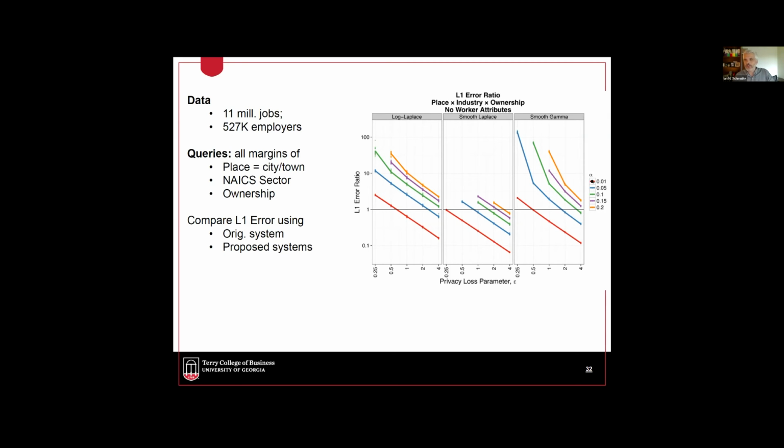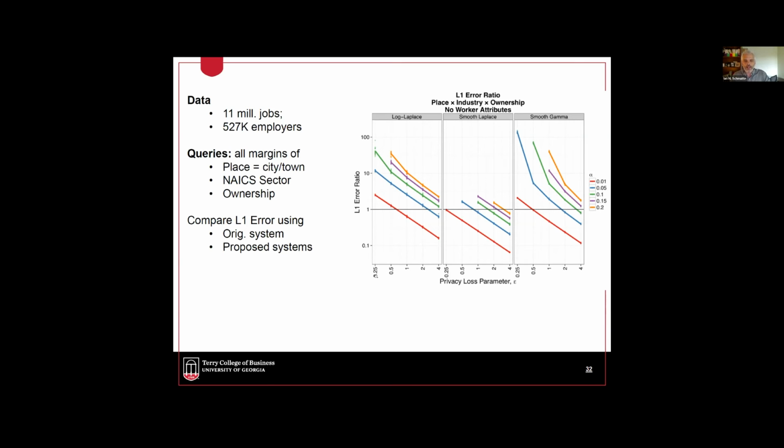Say when alpha is set equal to 0.2, we're telling employers that it's not going to be possible for an adversary to learn their true employment to within a factor of 20%. Whereas if alpha is equal to 0.01, we're telling employers that it will be impossible for an adversary to learn their employment to within a factor of plus or minus 1%. So those are very different promises.